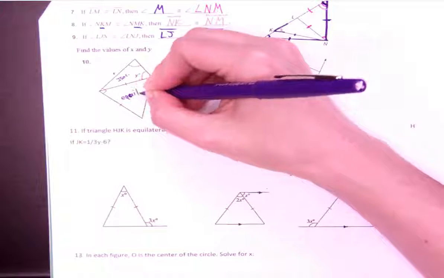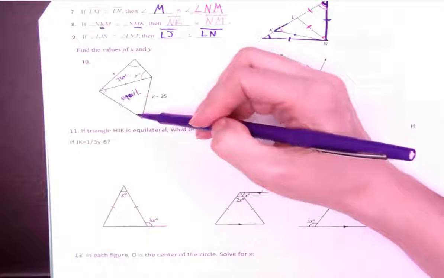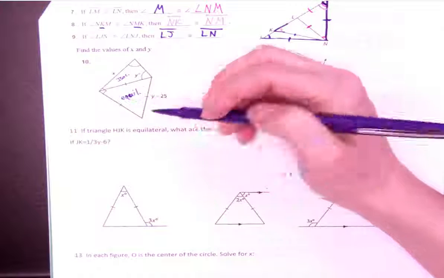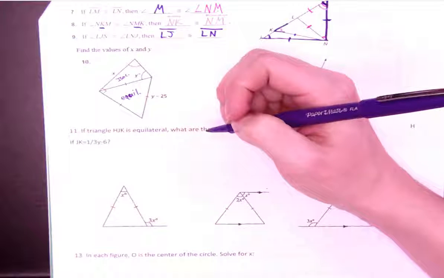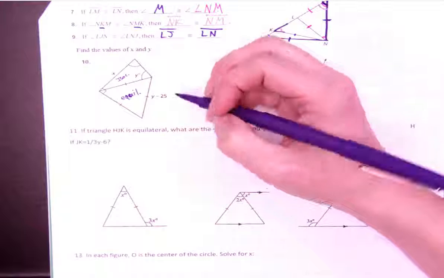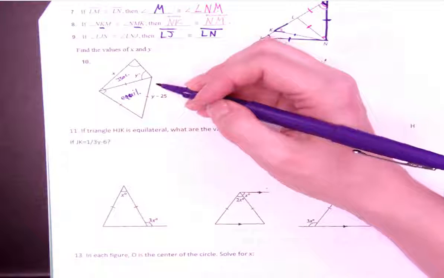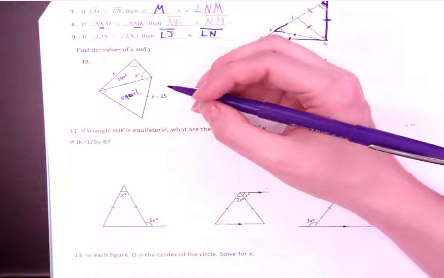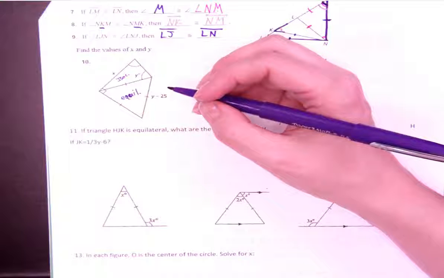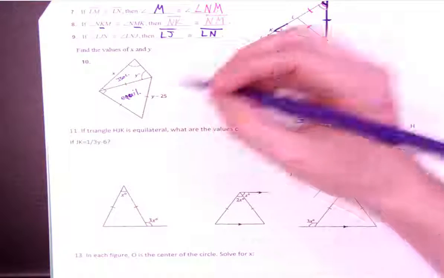So y minus 25. Okay, so do we know what the angles of an equilateral triangle add up to? What do they all measure? 60. There we go.